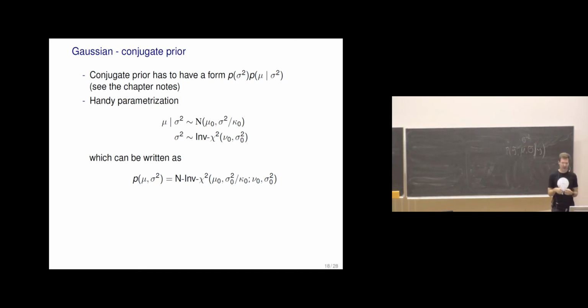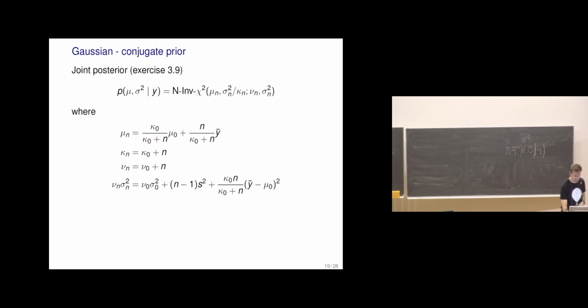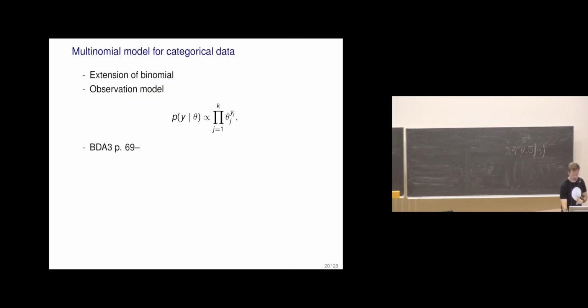And in the inverse chi squared, if we make nu 0 smaller and smaller, the inverse chi squared distribution goes closer and closer to this one. You can look at exercise 3.9 for deriving this joint posterior, but I don't go through it here.